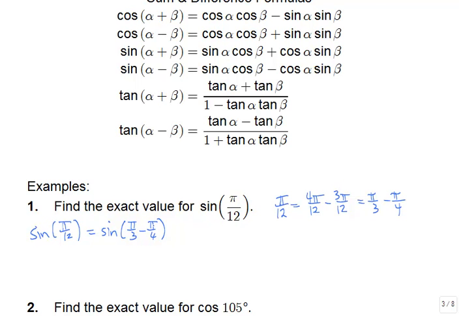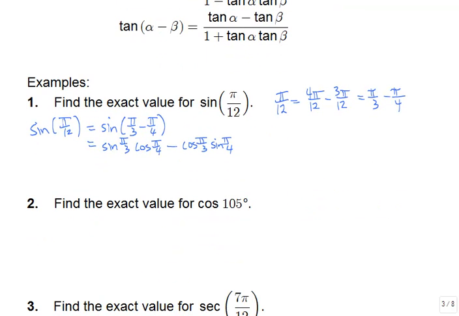This is now a difference of two angles, so I'm going to use this difference formula for sine, since we're taking the sine of it. So according to this difference formula, you take the sine of the first angle times the cosine of the second angle, use the same sign in the problem. So if this is a difference, this is going to stay a difference, and then you switch it up. So now we're going to do cosine of the first angle and sine of the second angle.